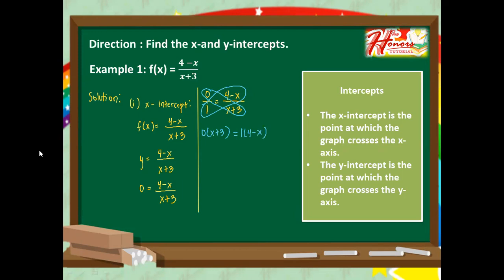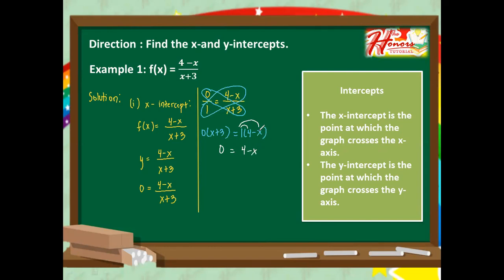And then let's proceed. Any number or term that you multiply by 0, the answer is 0. So therefore, we put 0 here. Then don't forget to write the equal sign. And then 1 times 4 is still 4, and 1 times negative x is still negative x.